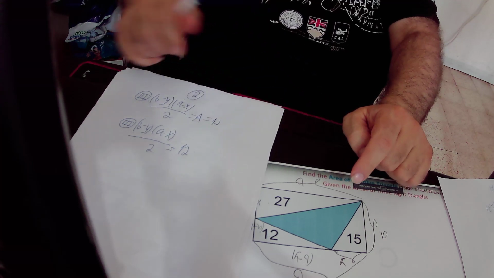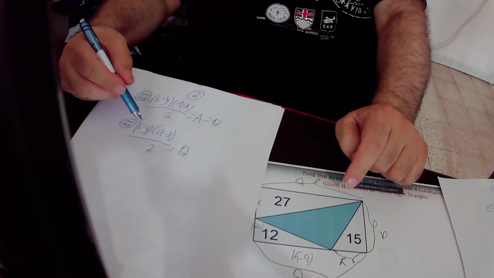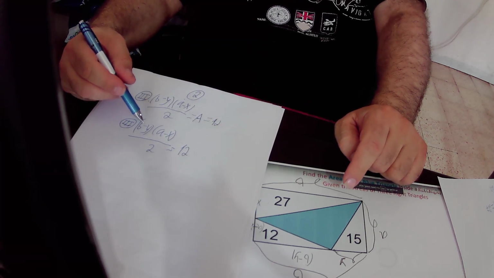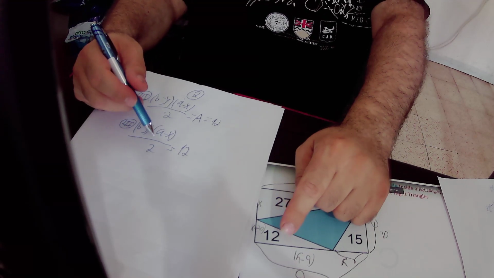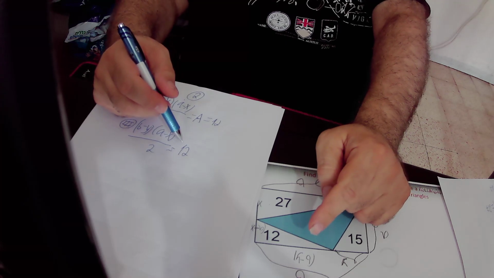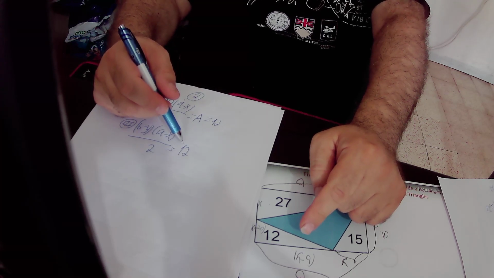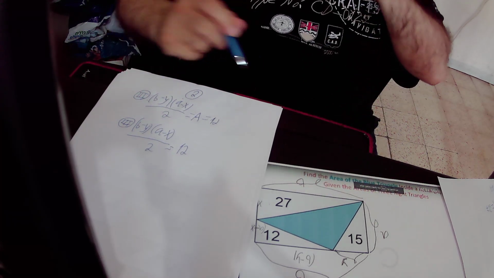Again, the area of this triangle is the base, b minus y, times the height, a minus x, divided by 2, and it equals 12 units.